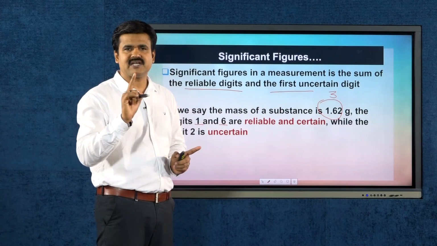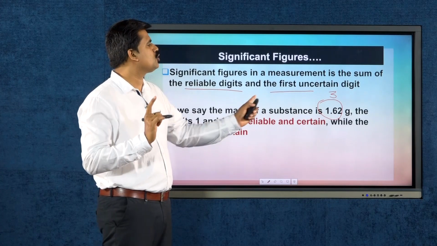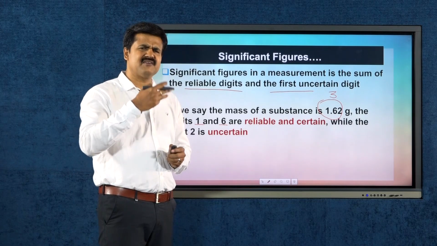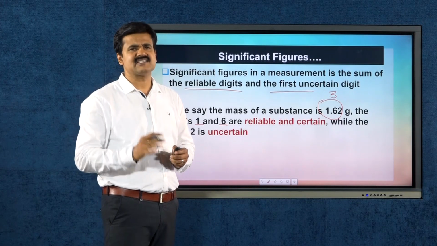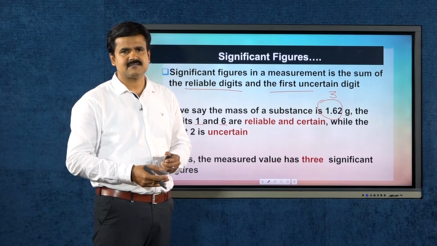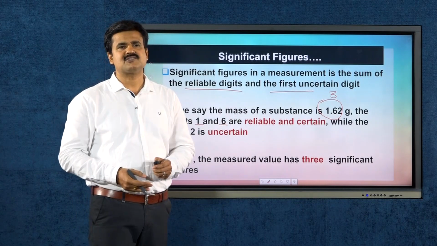So, you have to take the first uncertain number and 2 reliable numbers. We can take several detailed examples in coming slides, and we have to discuss more things about significant figures. Thus, the measured value, this 1.62, has a total of 3 significant figures.